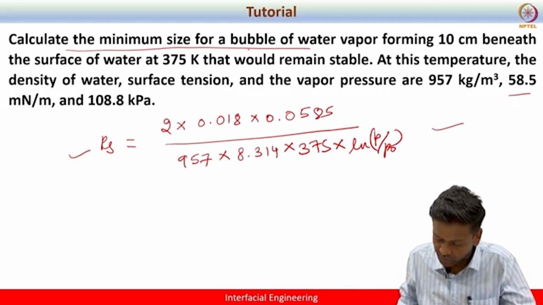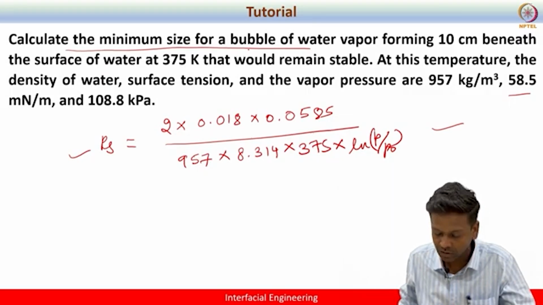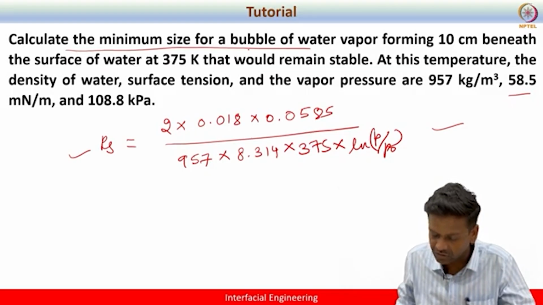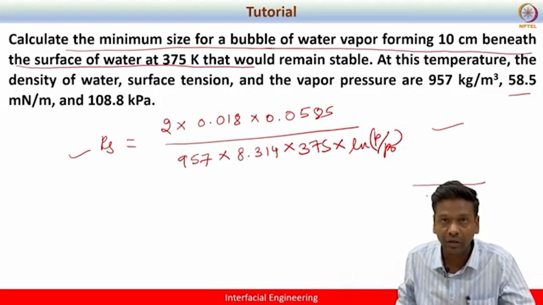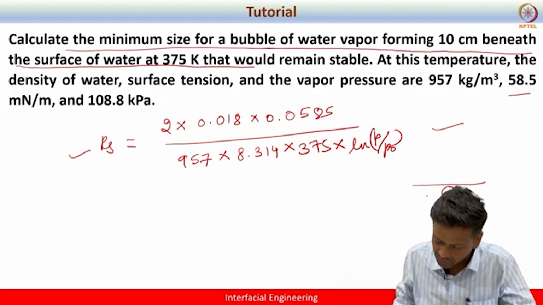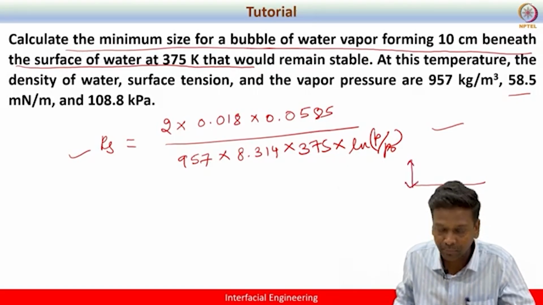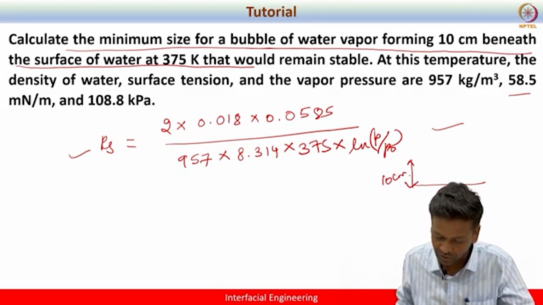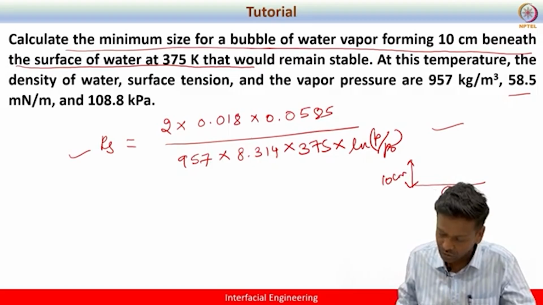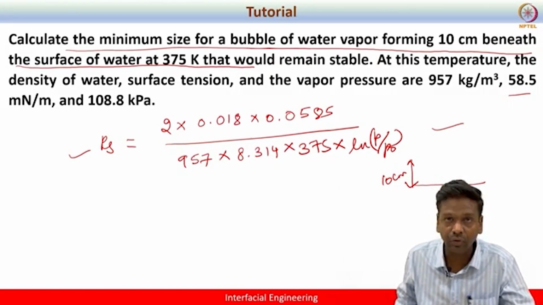So the condition is there is a bubble, which is kept 10 centimeter below the water surface.